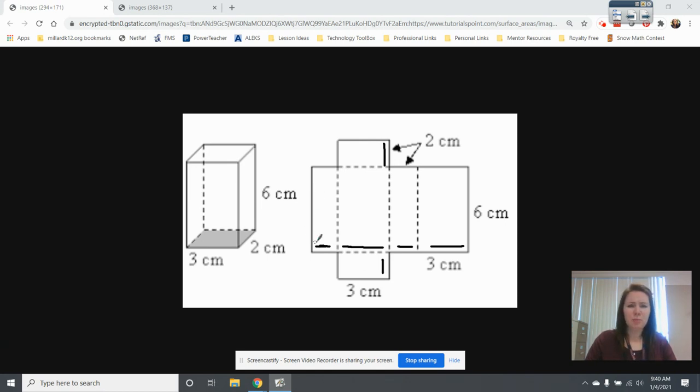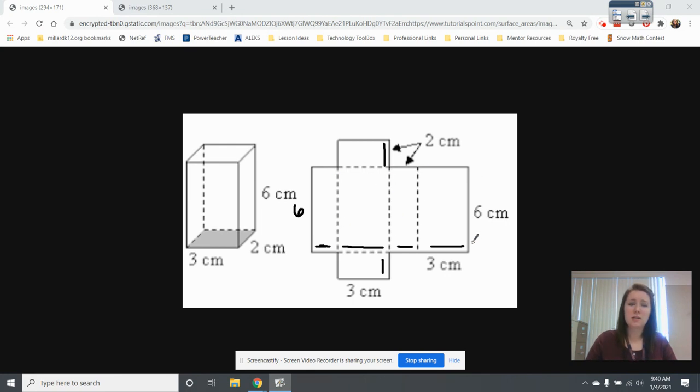First, we need the base and the height. The area of a rectangle is base times height, or length times width. Right here it says 6 centimeters, so the height of the whole thing is 6 centimeters, and that's true for the height of all of these rectangles.